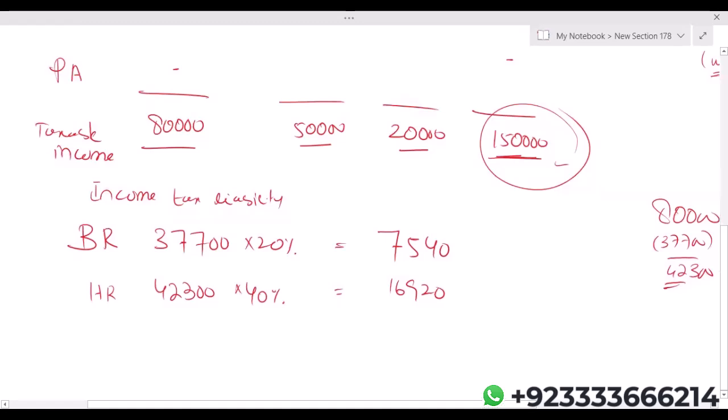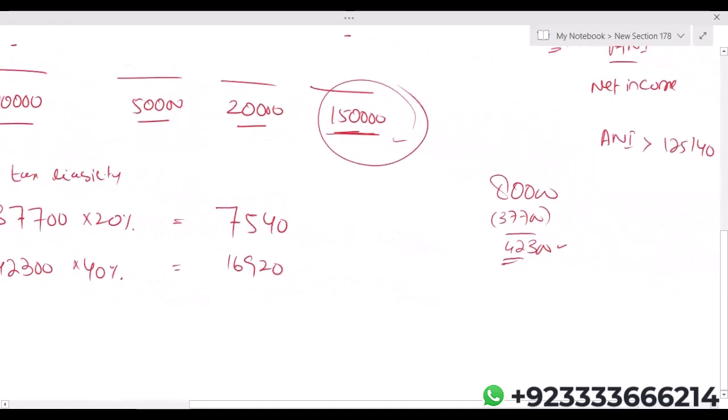Now let us check how much space we have in our higher rate band. The limit of the higher rate band is 1,25,140 minus 37,700. 1,25,140 minus 37,700, I'm getting 87,440. So the maximum amount which can fall in higher rate band is 87,440.